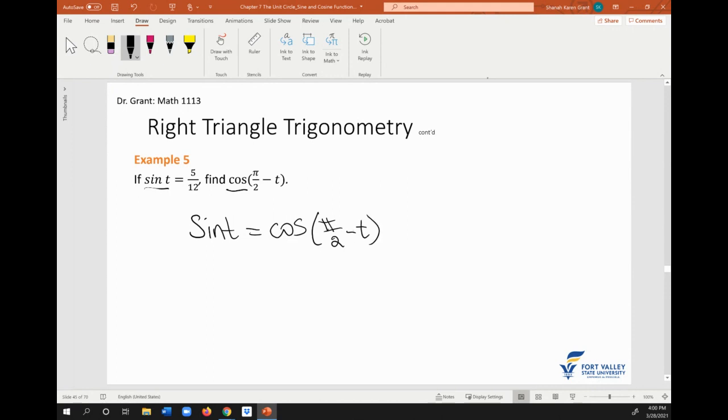So with that said, if sine of t is 5 over 12, then cosine of pi over 2 minus t must also be 5 over 12. So that tells us that cosine of pi over 2 minus t is 5 over 12.